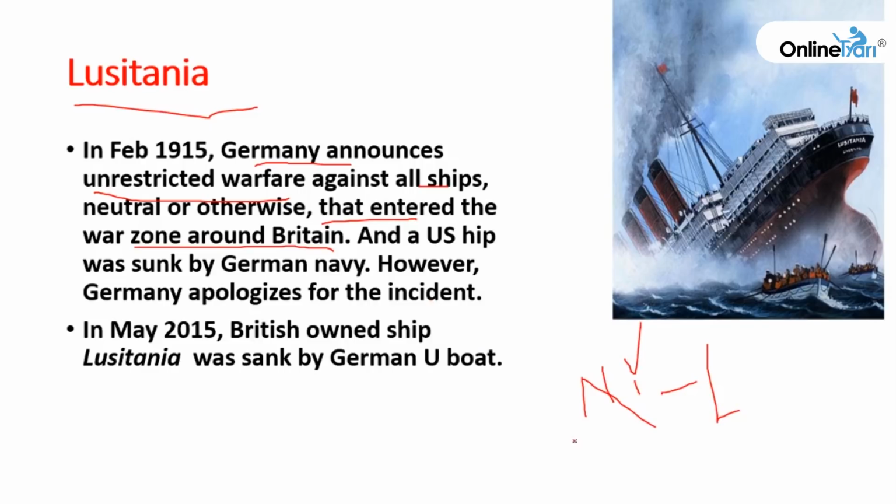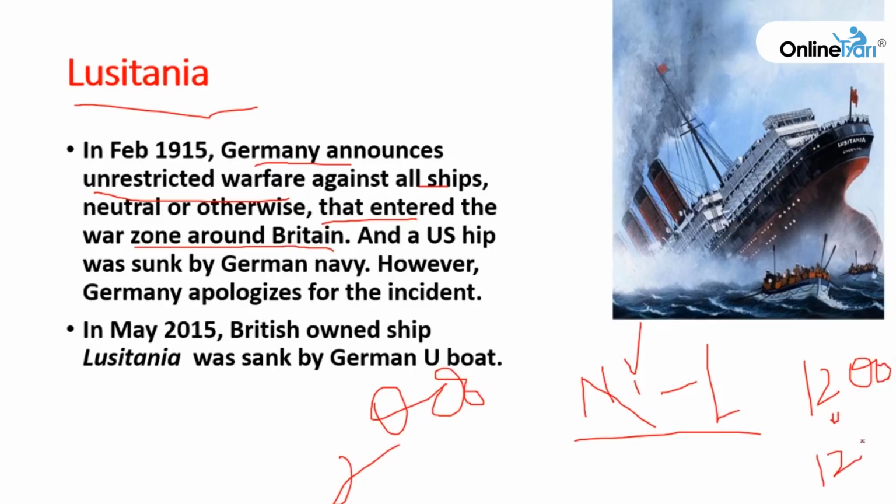When it was destroyed, there were almost 2,000 passengers, and among them almost 1,200 passengers died. How many were Americans? Almost 125. It was the incident of 1915. Sorry, I have written it wrong here. It will be 1915.